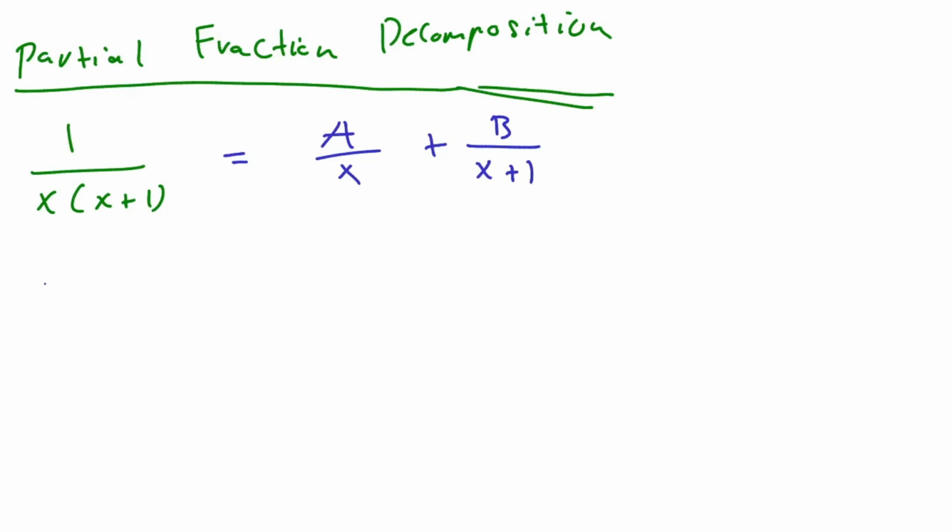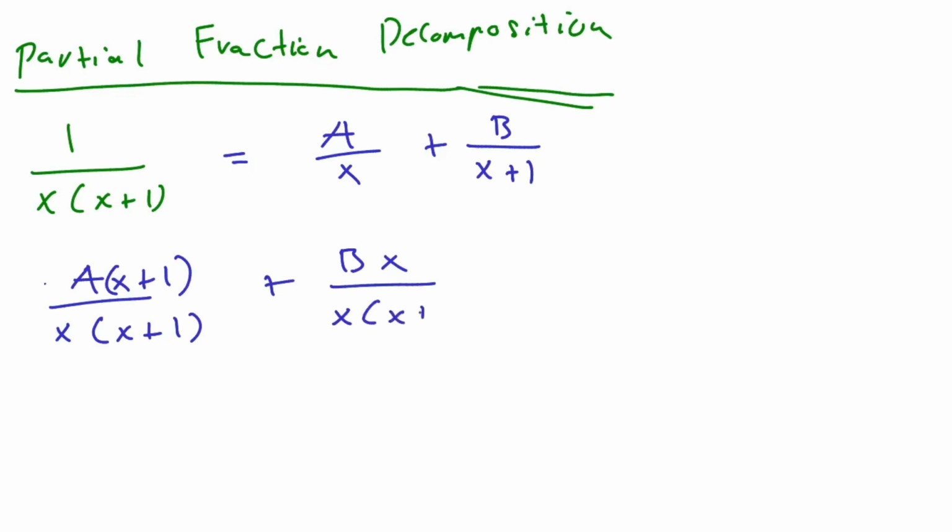What we want is the same denominator, which is fairly simple. We know how to do that. So we would get A times (x plus 1) over x(x plus 1), plus Bx over x(x plus 1).